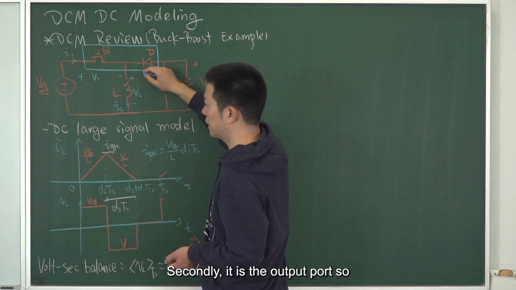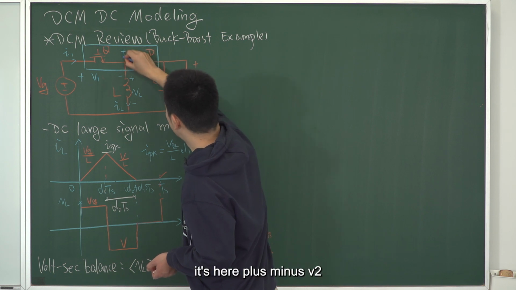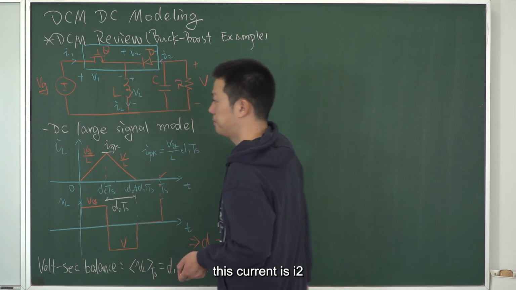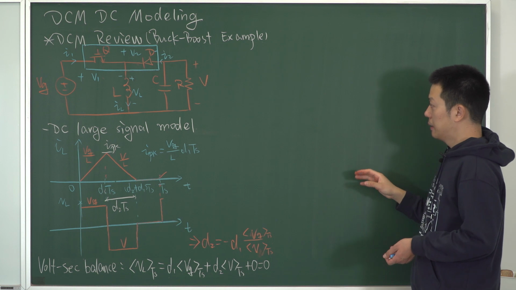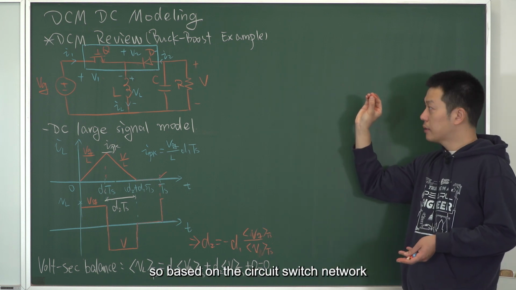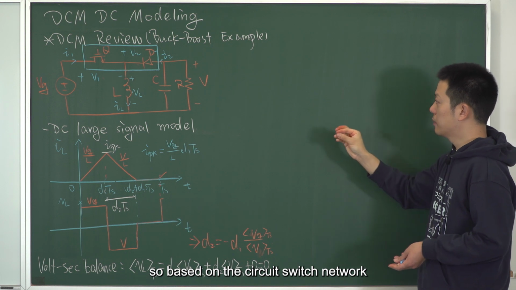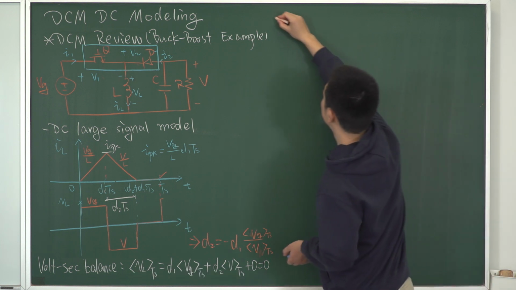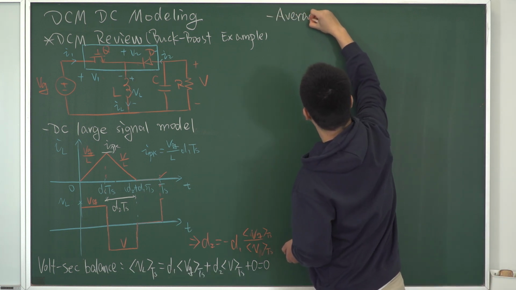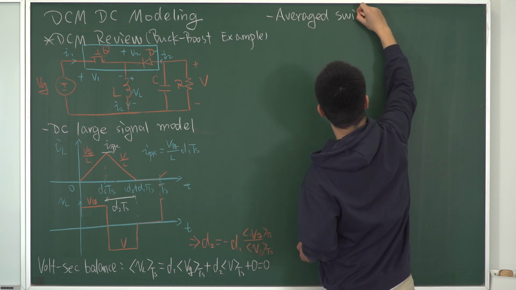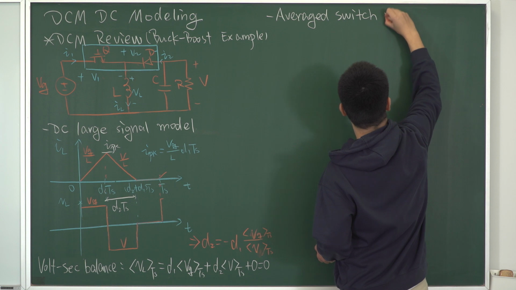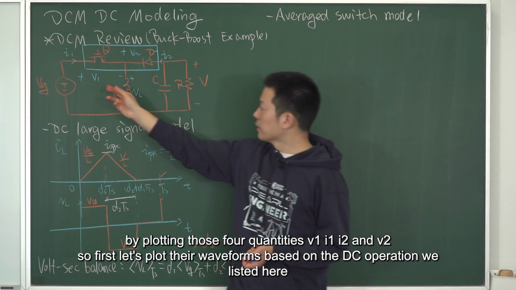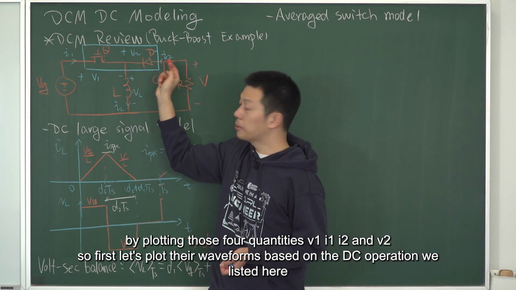Secondly is the output port. It's here, plus minus V2, and this current is I2. Based on the circled switch network, we can analyze the averaged switch model by plotting those four quantities, V1, I1, I2, and V2.